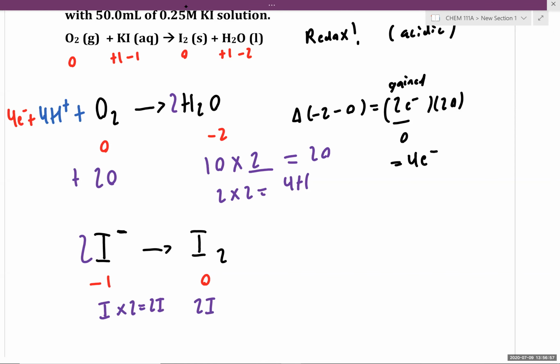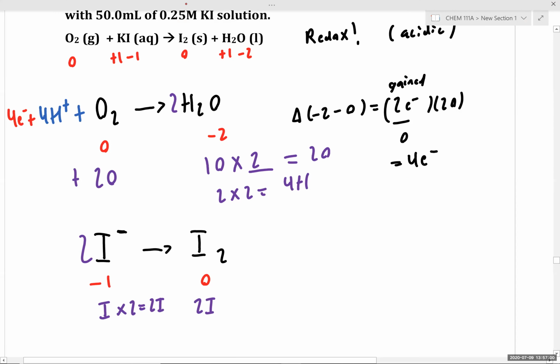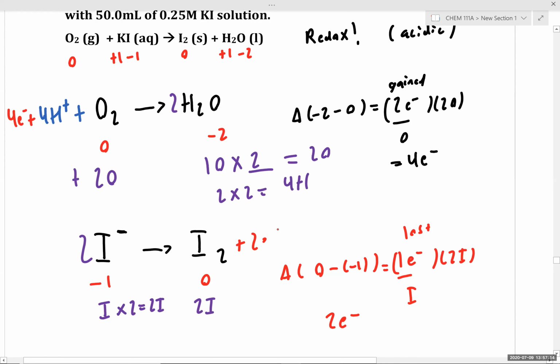Okay, now we can count electrons fully. Our difference is 0 minus -1. So we have 1 electron lost per iodine atom, and we have 2 iodine atoms. So that gives us 2 electrons lost.